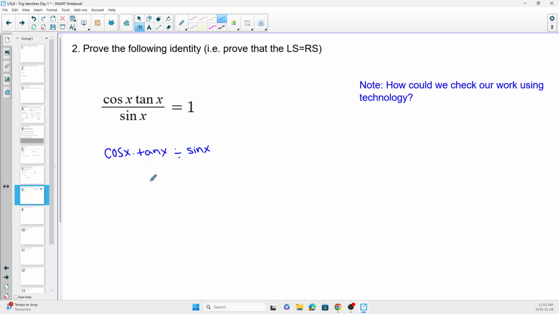That's fine. We could say that this is cos x times, instead of tan x, sine x divided by cos x, because tan x is sine x over cos x. And technically, it would be all of this, but order of operations is going to force us to multiply these and then divide.